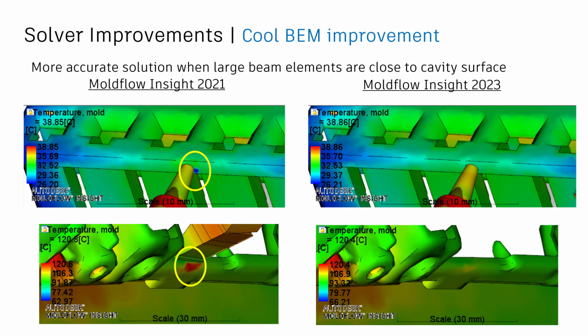Another representation improvement is a cool BEM improvement. What does it mean? In earlier versions, wherever there was a cooling line or beam elements close to the part, like you see on the left-hand side of the screen, it would create cold spots or hot spots, and that effect has now been nullified or improved in Moldflow Insight 2023.